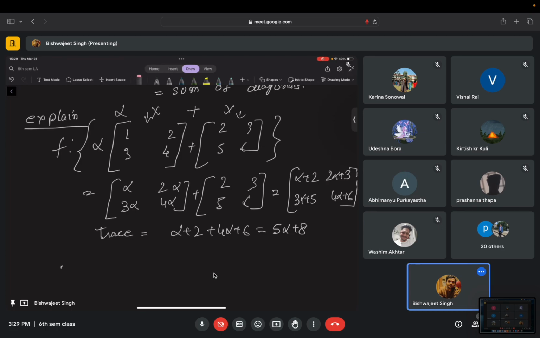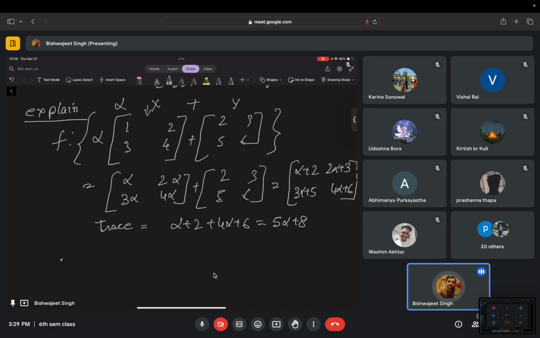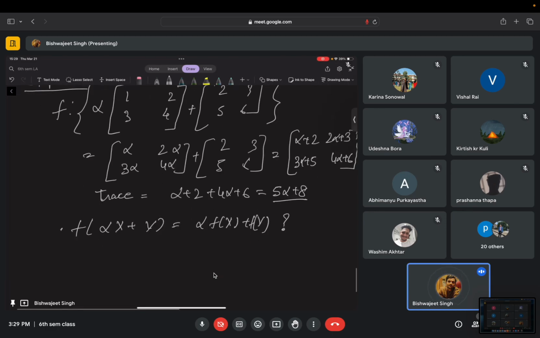So f of alpha x plus y we got as 5 alpha plus 8. What do we check? We check whether f of alpha x plus y is equal to alpha times f of x plus f of y or not. So this term we calculated and it came out to be 5 alpha plus 8, right?